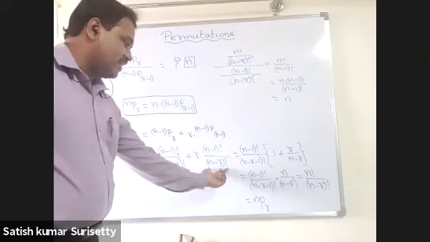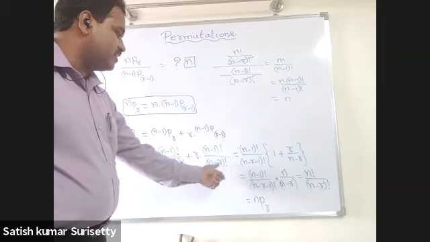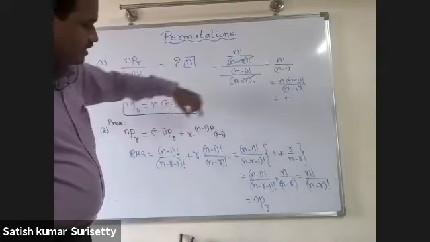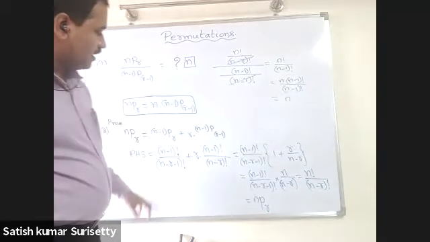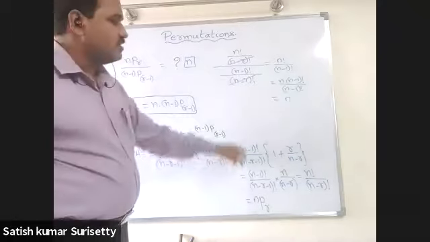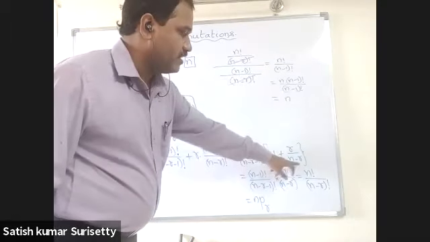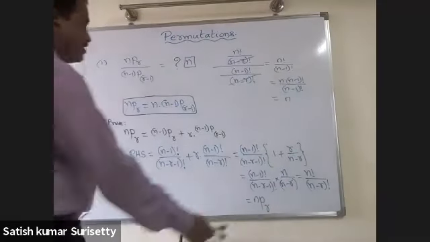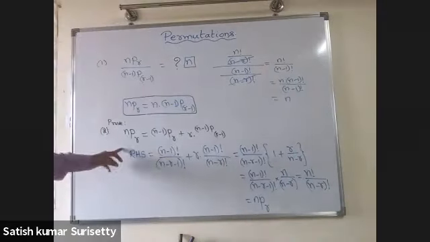And n minus r factorial can be written as n minus r into n minus r minus 1 factorial. So you can take common n minus 1 factorial upon n minus r minus 1 factorial. The remaining will be 1 plus r upon n minus r. Simplify and then convert into factorial notation, which will be the same as nPr.